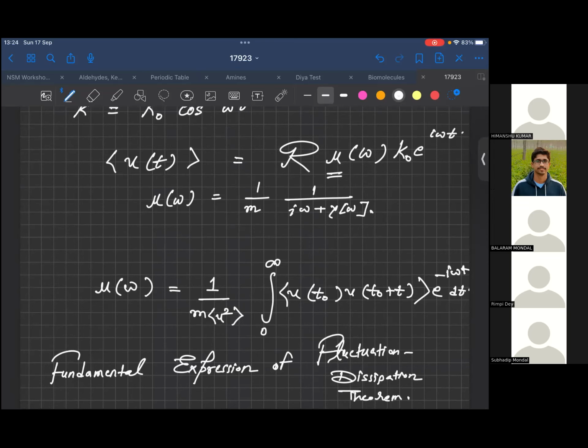But the main thing here is how fluctuations in an equilibrium system can be related to the external force in the non-equilibrium system. That's the whole idea of this fluctuation dissipation theorem. That's what I wanted to discuss today.